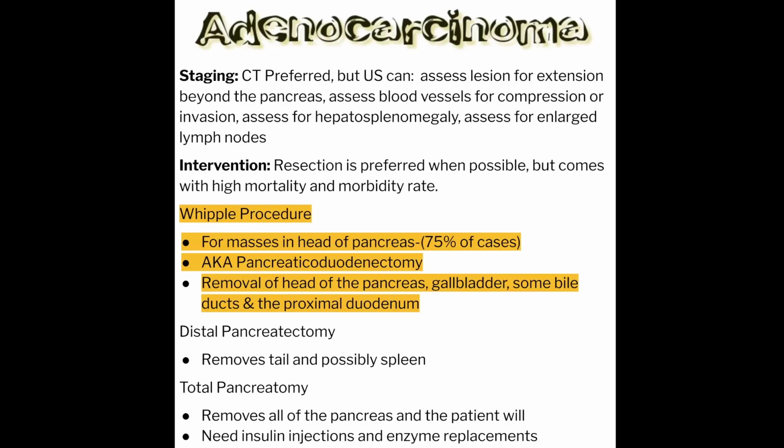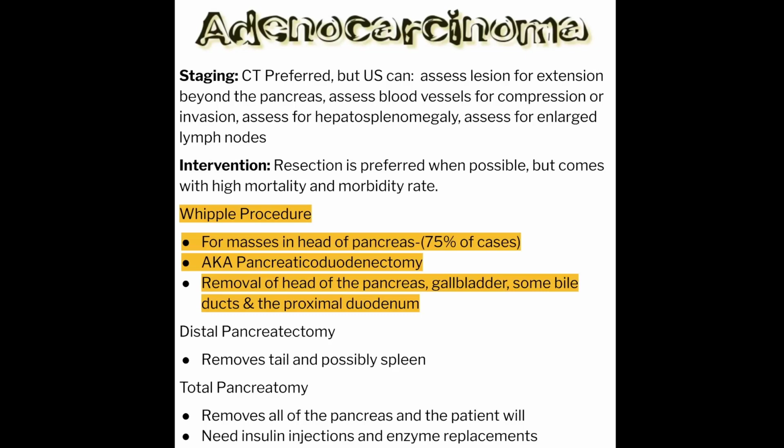This is also known as a pancreaticoduodenectomy. That means they're going to remove the head of the pancreas, the gallbladder, some of the bile ducts, and the proximal duodenum. If the adenocarcinoma is found in the tail of the pancreas, then they can do a distal pancreatectomy, where they remove the tail of the pancreas and the spleen if it has invaded the spleen.